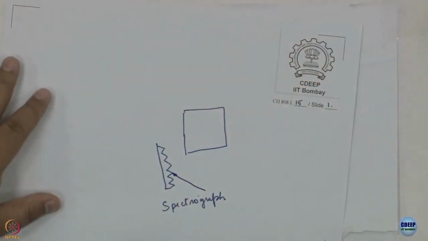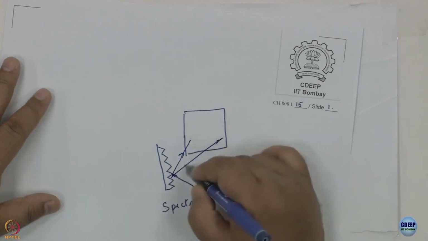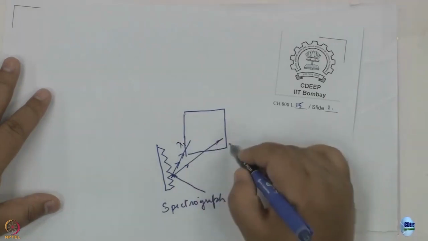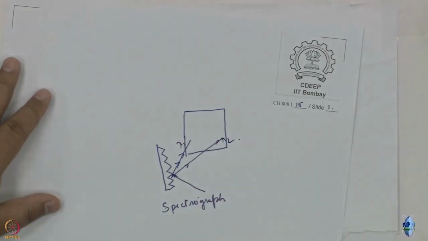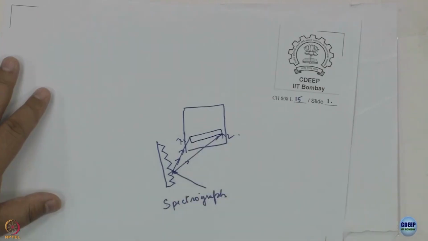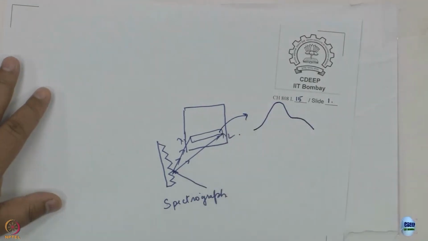So, light falls on it, let us say this is emission from something. It gets broken down into different wavelengths. This is lambda 1, this is lambda 2. Now, if you look at the images, in each slice you can get the spectrum. Okay. So, from here in your computer you can easily get the spectrum.